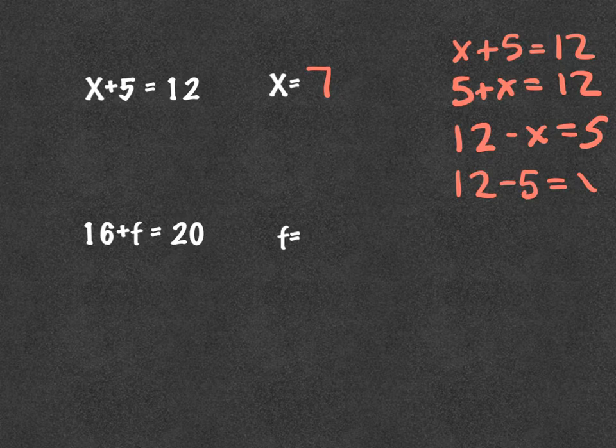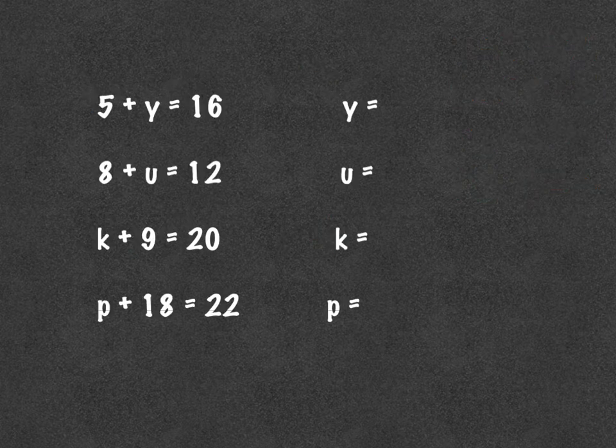So 16 plus f equals 20 is our next problem. So 16 plus what would equal 20? 16 plus 4. Okay? And so the variable here could go first or it could go second in your problem. All right, here's a couple of them. So 5 plus y equals 16. Y would equal 9.